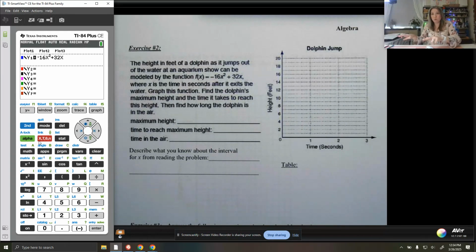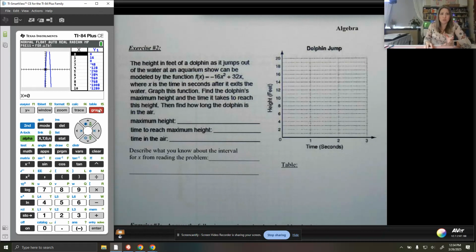So 0 for my y values is going to be the ground level of the water. Whatever time I hit my max is the amount of time the dolphin took to reach its maximum height. That's going to answer that question. And whatever my max is, that's my highest y value.